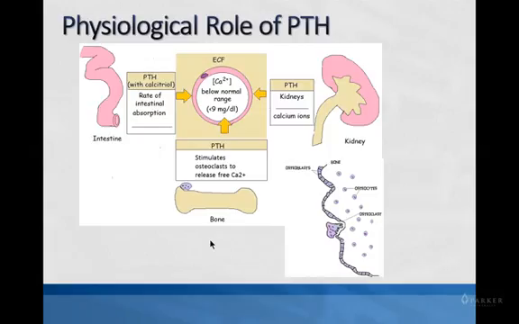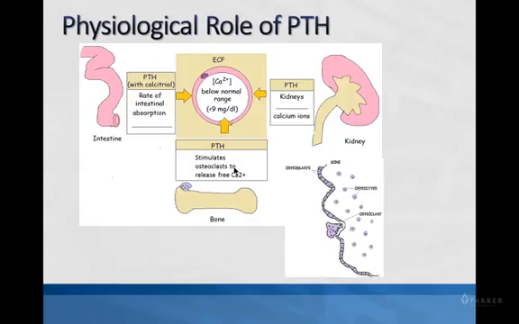Don't confuse this: if I ask you a question, what is the result of parathyroid hormone, and I list increased osteoblast activity, increased osteoclast activity, you pick osteoclast. The osteoblasts are more active because they're involved in bone accretion. They're just producing a factor that's going to stimulate osteoclasts. So overall, the osteoclasts are more active. You break down bone, release free ionized calcium into the blood.